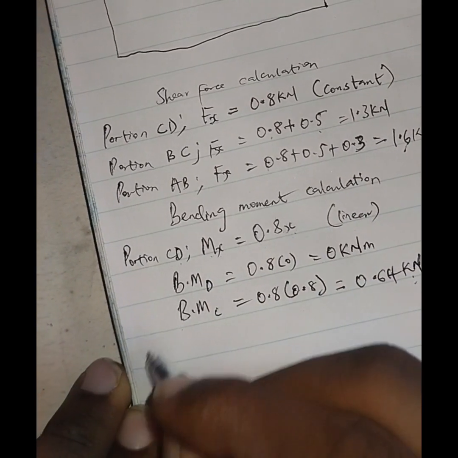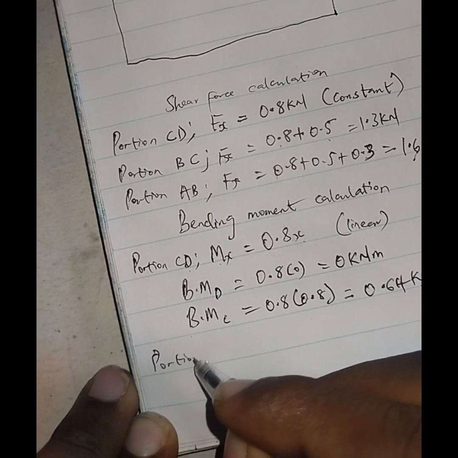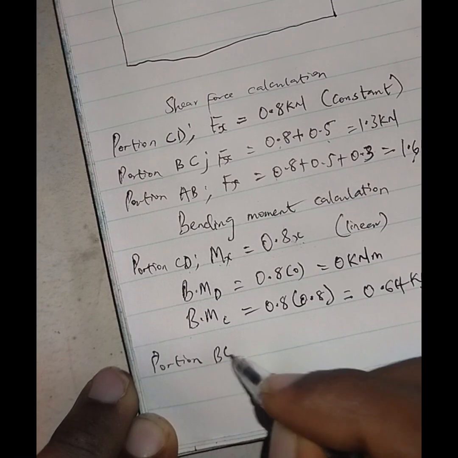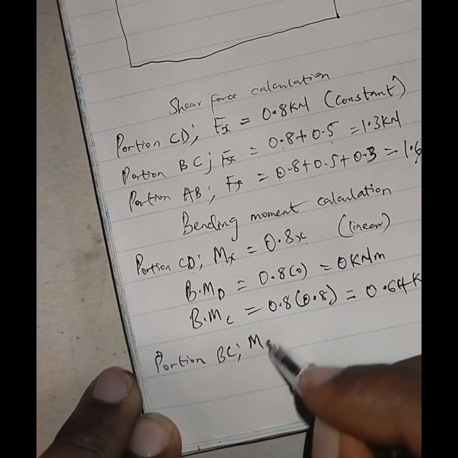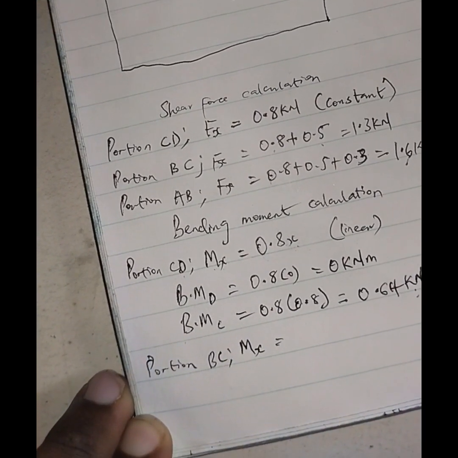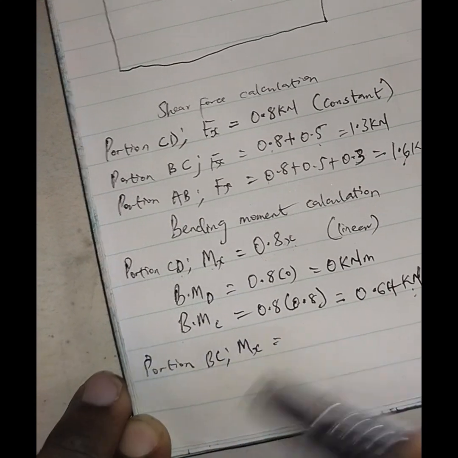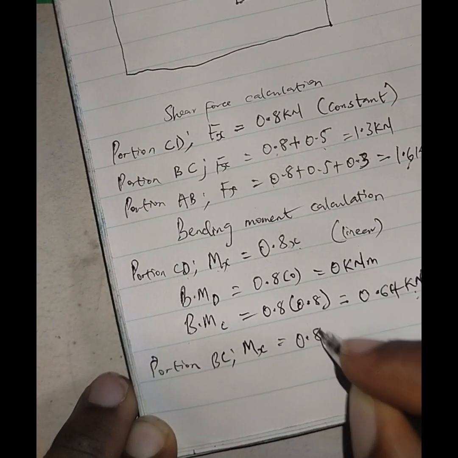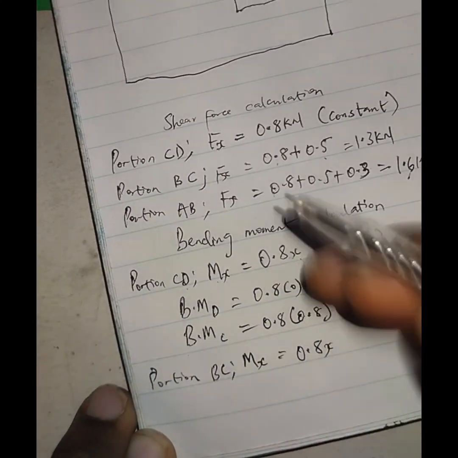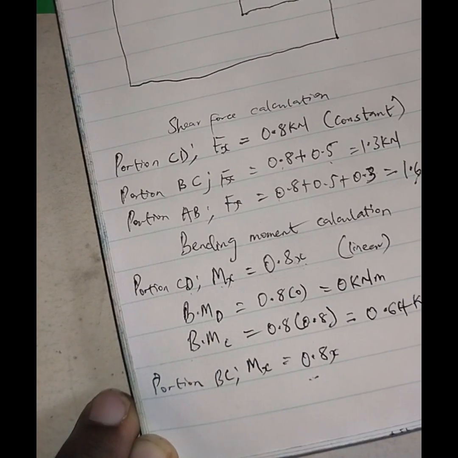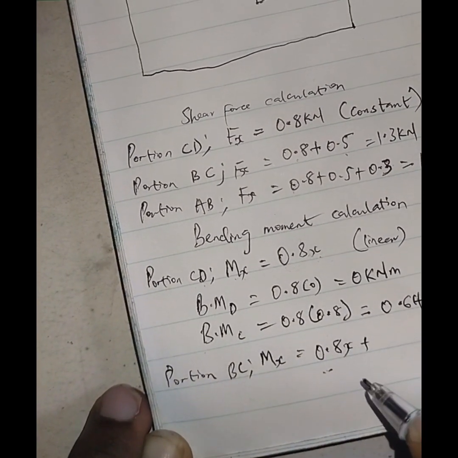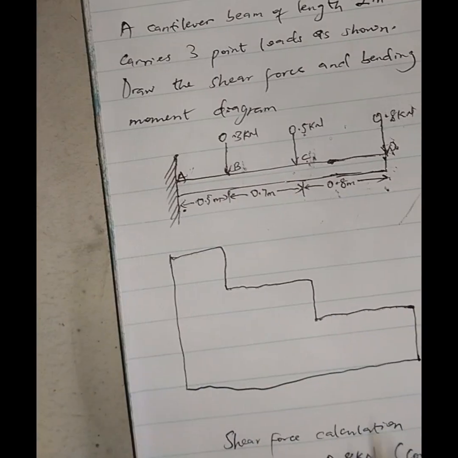So let's go. Portion BC, we have that Mx. Just know this formula that you had before, repeat it again. It's like an easier version of getting your formula. Repeat that formula again. That is 0.8x. Then you now add plus. So now we're looking at portion BC.